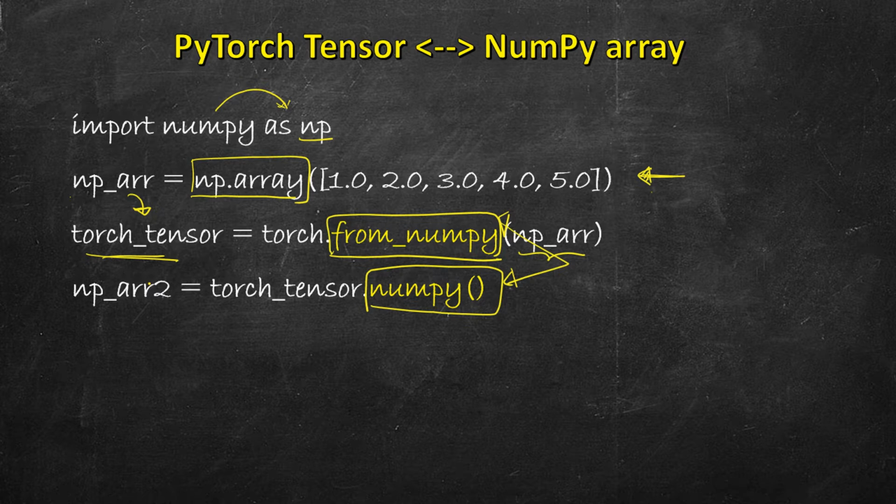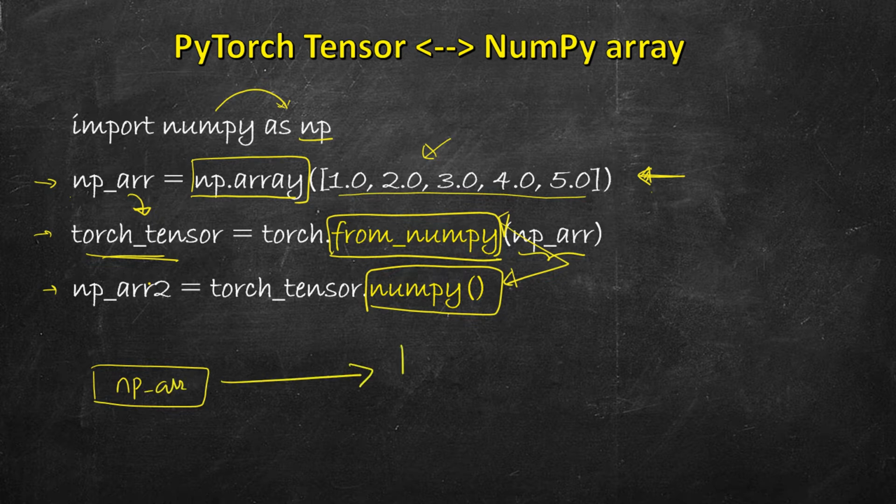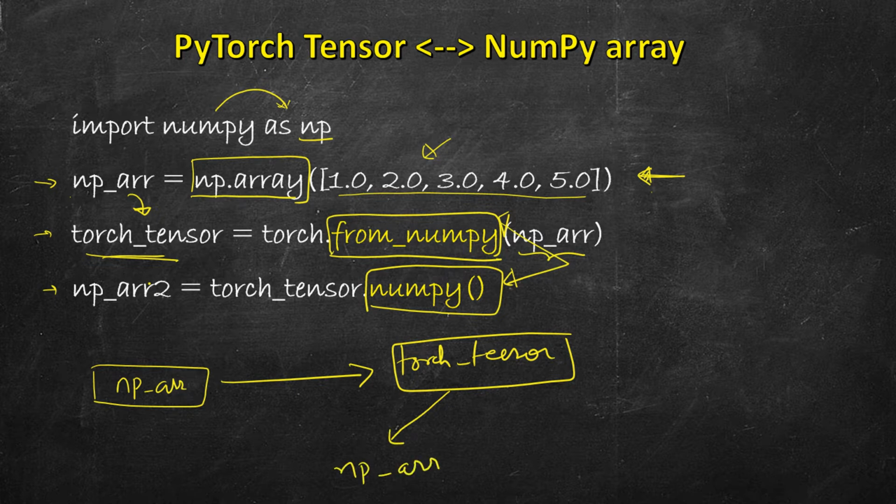Although we have these three variables, all of them have the same data stored underneath, so they refer to each other. Initially we had this np array, which was a numpy array, then we converted it to a torch tensor, and then we converted it to np array 2, again a numpy array.